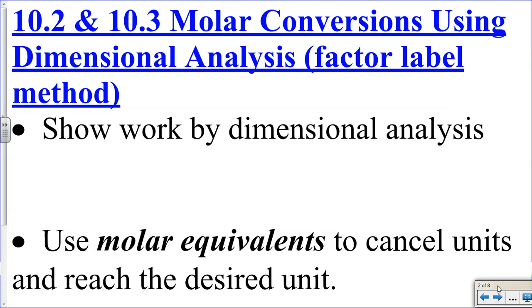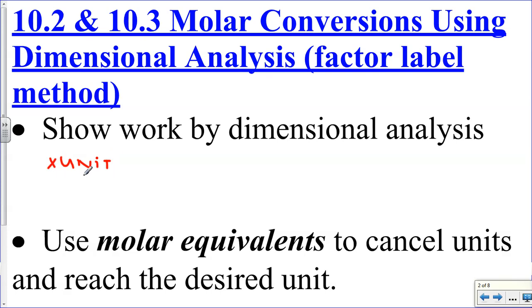So we are going to be doing molar conversions using dimensional analysis. If you recall, that's just a fancy term for factor label method. And really, dimensional analysis, you're starting off with one unit, and you will be converting to another unit.